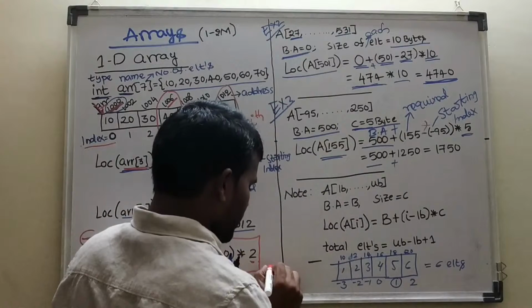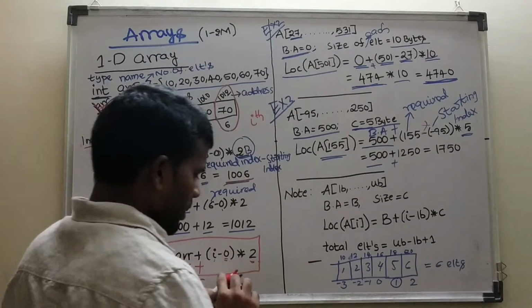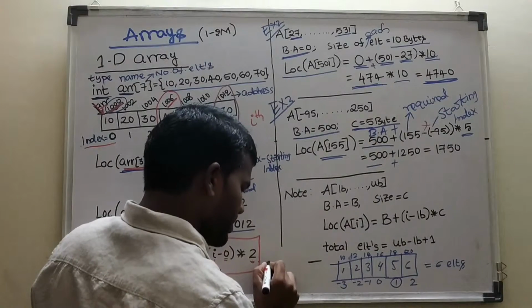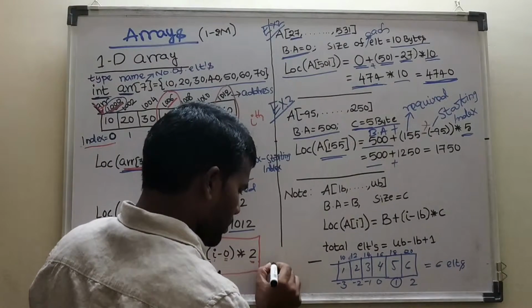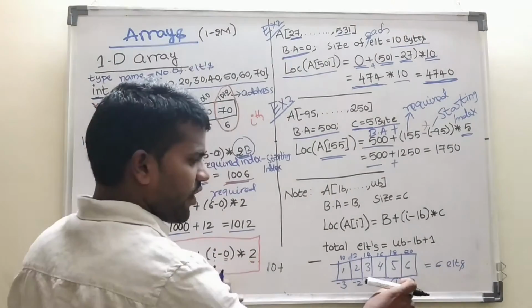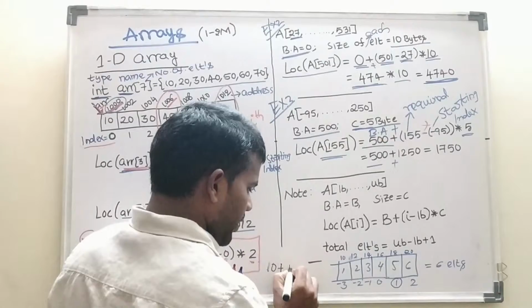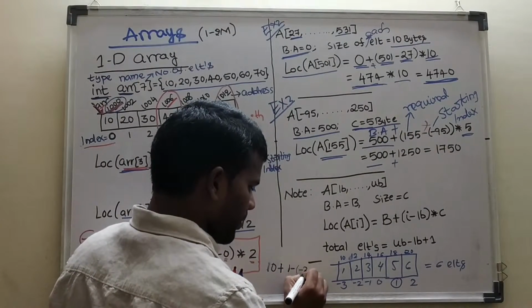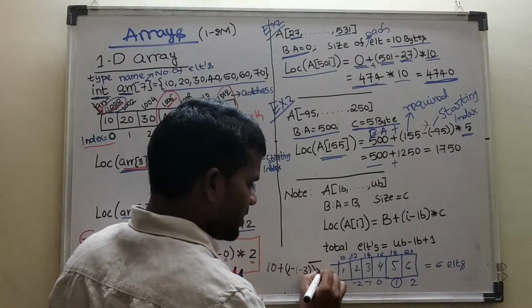So what is the base address? Base address is 10. Base address 10 plus the required location, which is 1, minus the starting address, minus 3, into the capacity, 2.